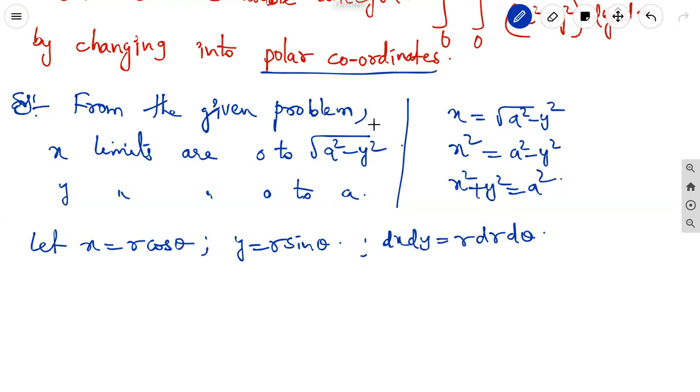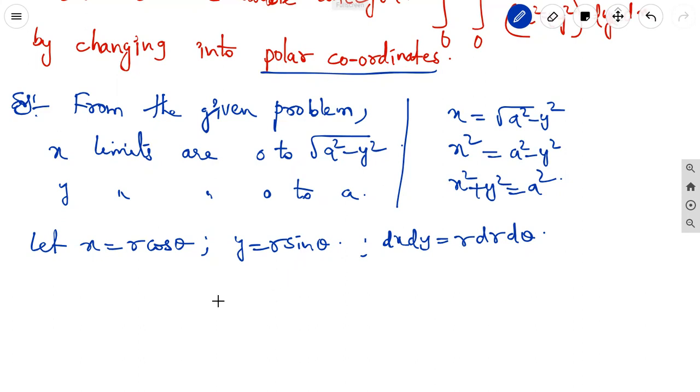Here the two Cartesian coordinates x and y can be changed into r and theta. The limits 0 to a means that it will be in the first quadrant. So r is 0 to what value, and theta is 0 to pi by 2.